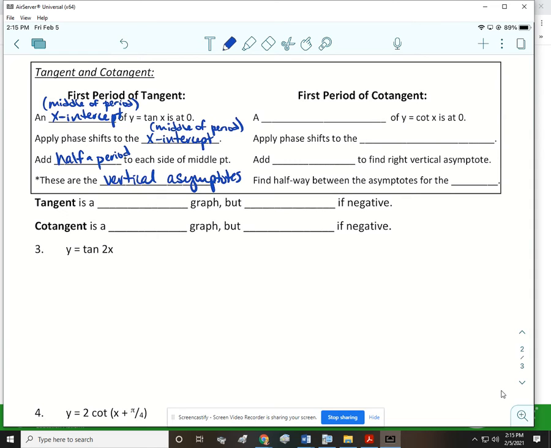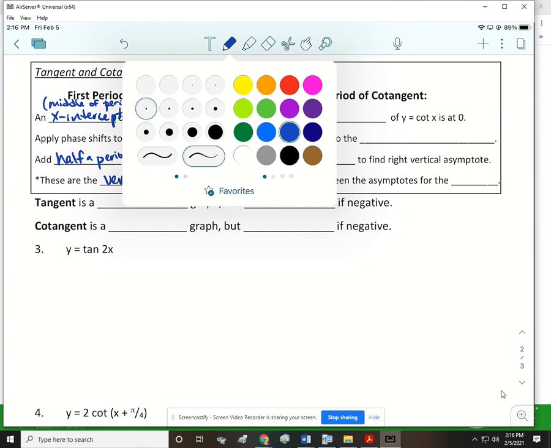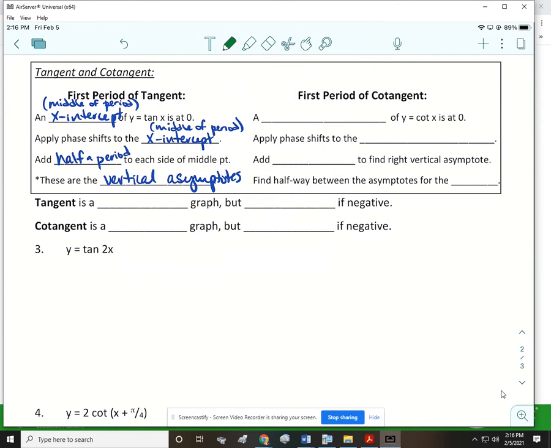All right, so we do tangent differently than we do all the others. All the others, normally 0 is the start of the period, and you apply the phase shift to that. So tangent's just different. Okay, for cotangent, a vertical asymptote of the cotangent is at 0, or at the start of the period. And then we apply the phase shifts to the vertical asymptote.